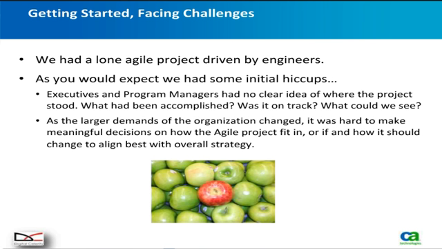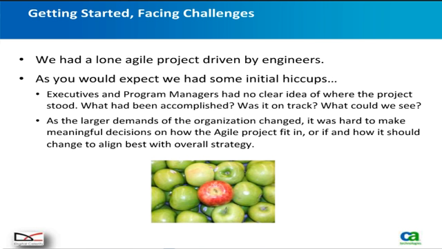How is it prioritized and funded and reported on in comparison with the other projects? And also, how do product managers engage with the Agile development project? So the real challenges were around taking that Agile project and fitting it into the larger organization and making it work for everybody.